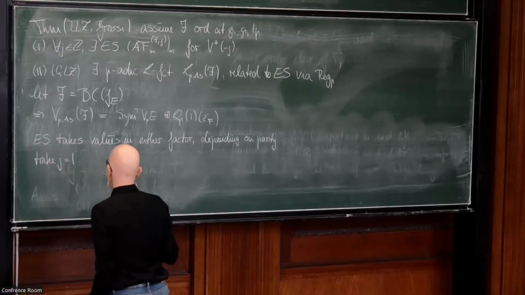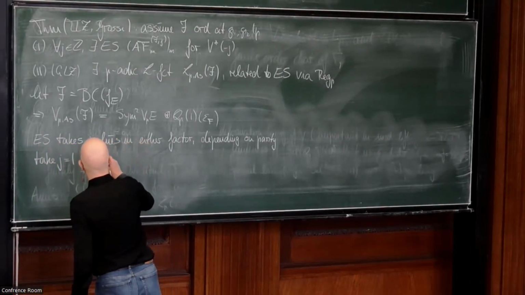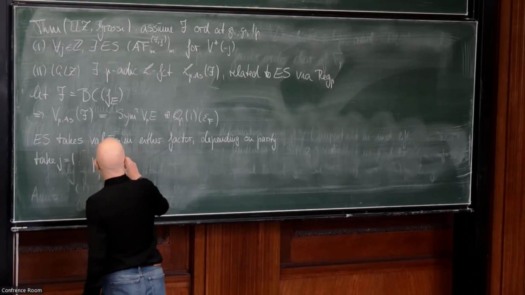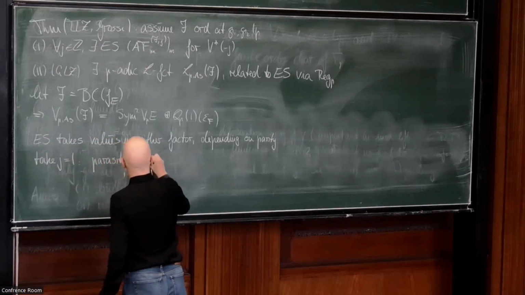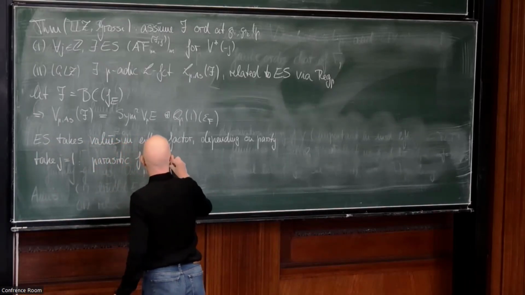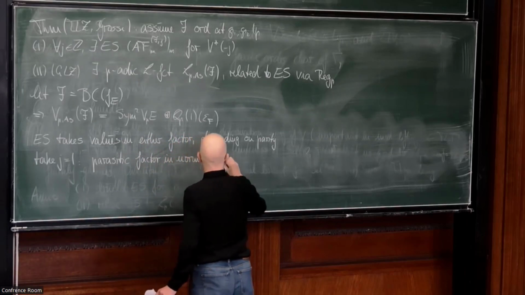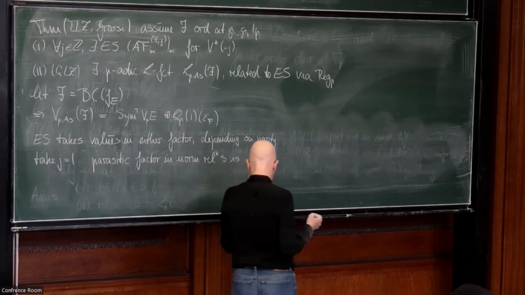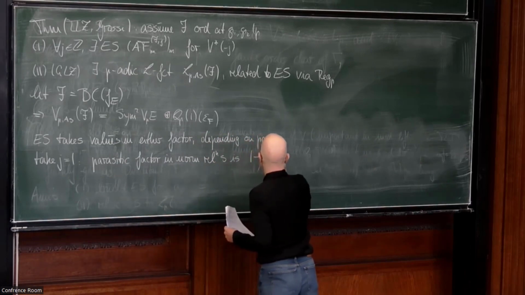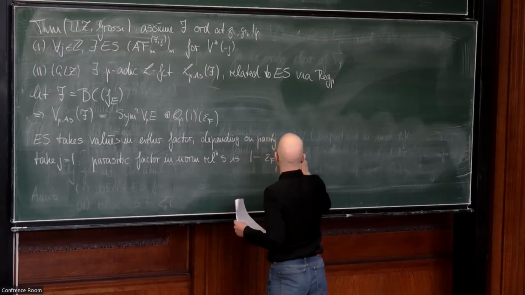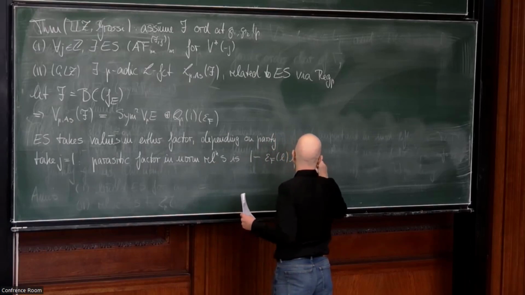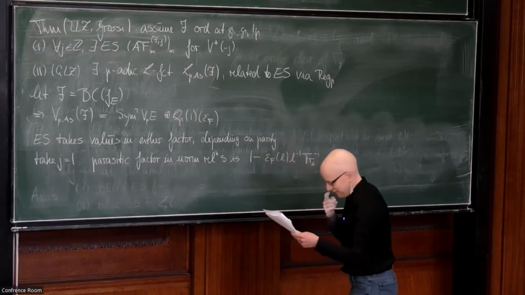And then what is the parasitic Euler factor? The parasitic factor in the norm relations is going to be 1 minus epsilon_F(l) l^(-1) times the Frobenius.